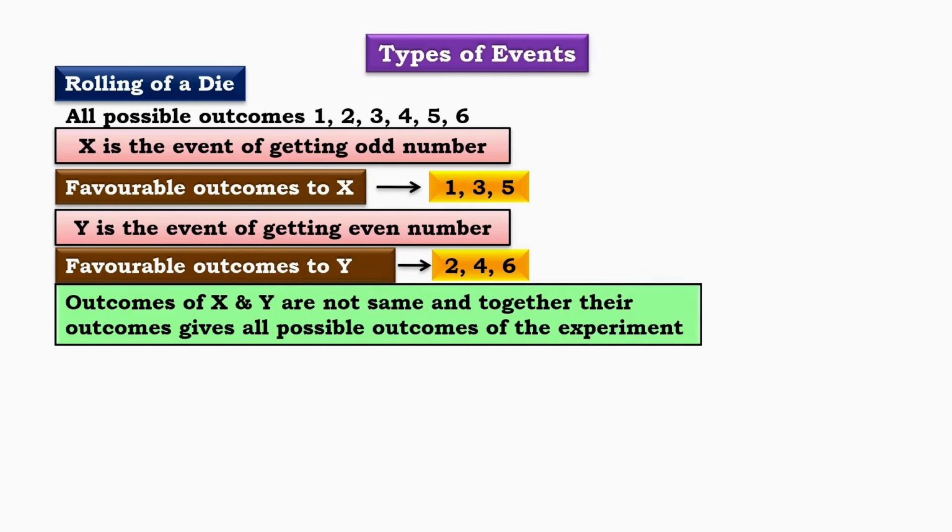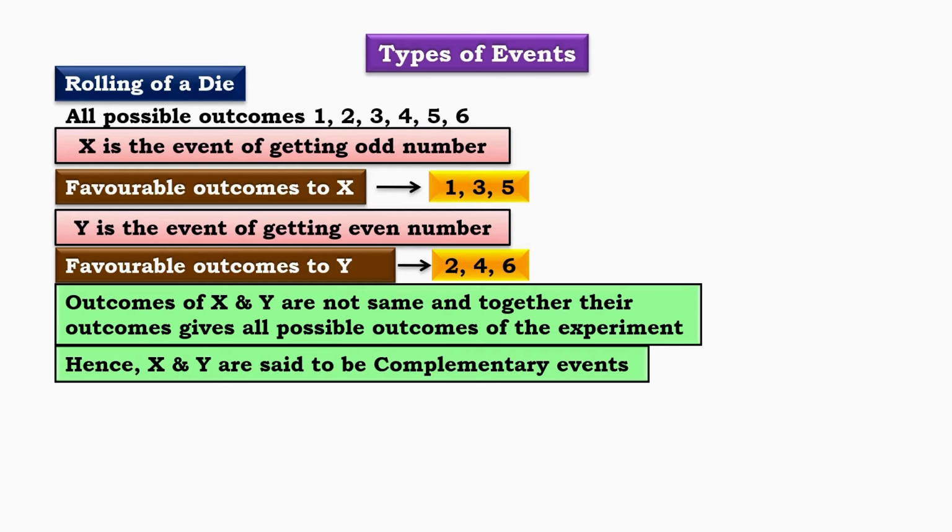So the outcomes of X and Y are not the same, and together their outcomes give all possible outcomes of the experiment. You can clearly see that for X the outcomes are 1, 3, 5, and for Y we got 2, 4, 6. Whenever we combine these two, they give all possible outcomes, but individually they do not give the same outcomes, right?